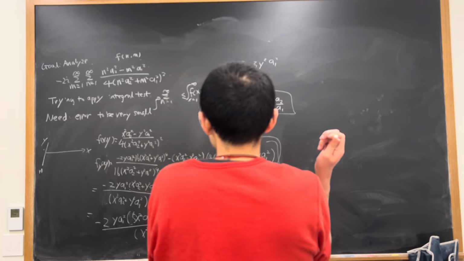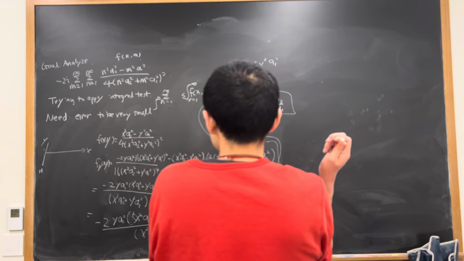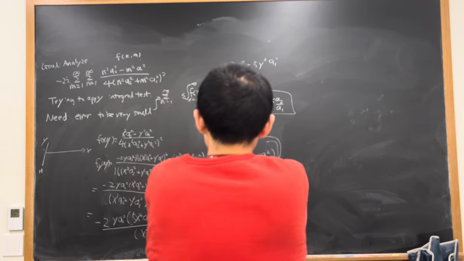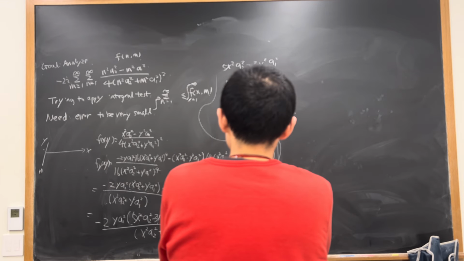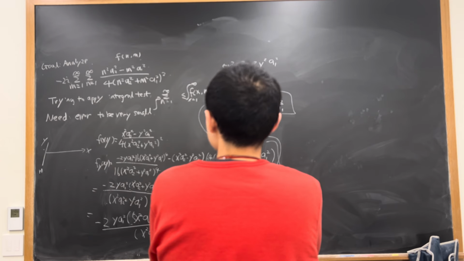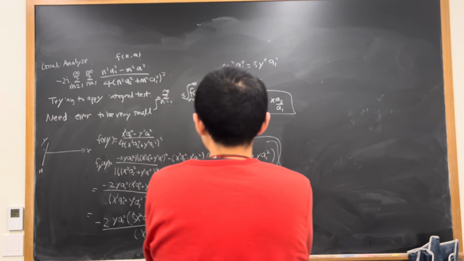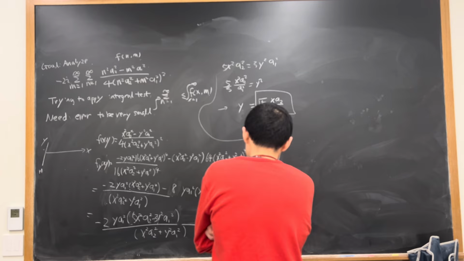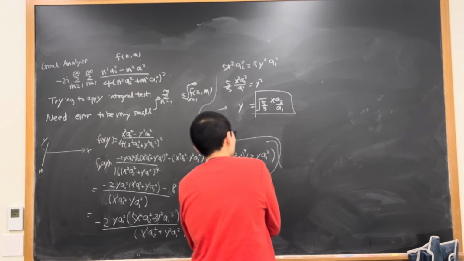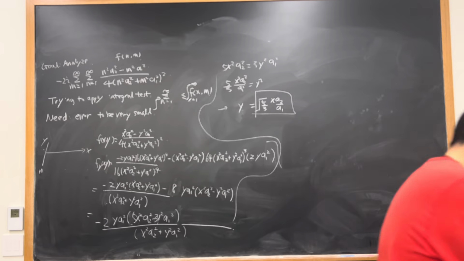So for a decreasing function, we know that the function has a good estimate. Wait, I don't think so.